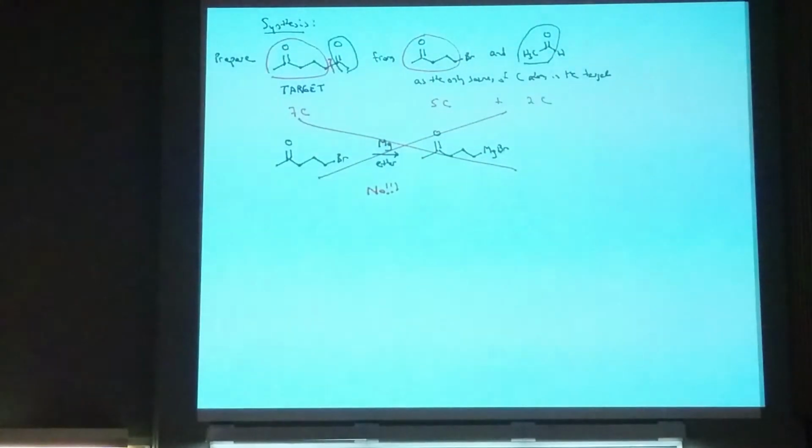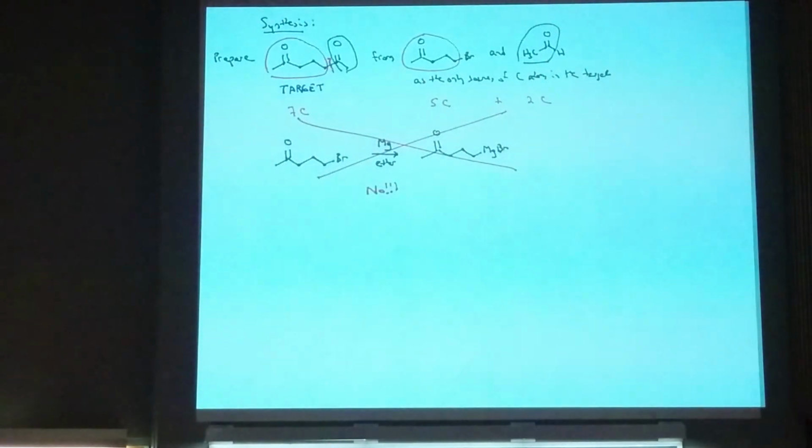Because you have got to remember that Grignards are going to react with carbonyl compounds. If you've already got a carbonyl compound in the substance that you're trying to turn into a Grignard reagent, that's not compatible. You're not going to be able to make this Grignard and then expect that it's just going to wait around until you add the aldehyde that you want it to react with. That's not the way molecules work.